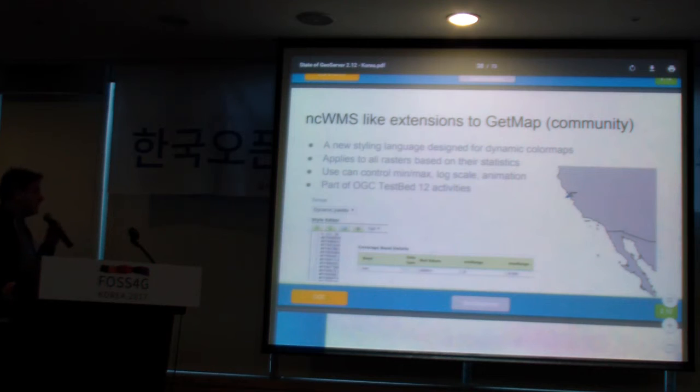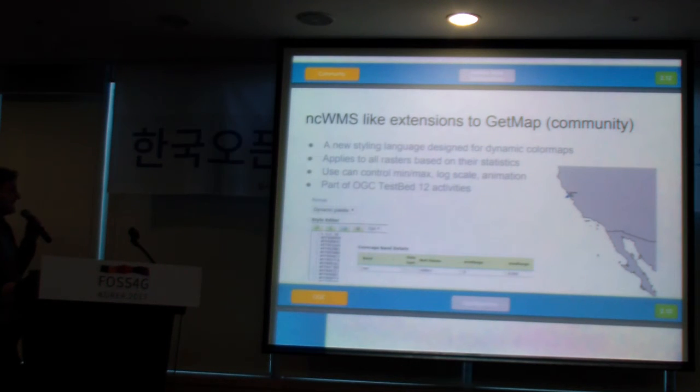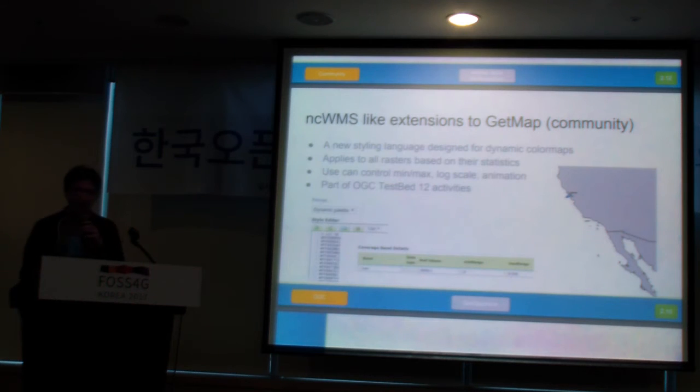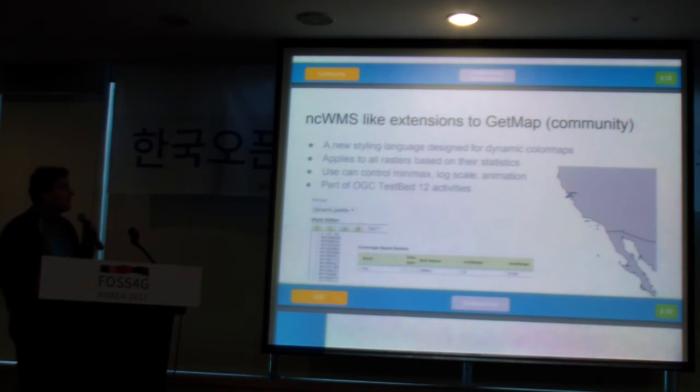For scientific data, we have been working on an extension that allows GeoServer to play better with scientific data. There used to be an animation, but of course it doesn't show up in the PDF. What you can do with these NCWMS extensions is give GeoServer a palette of colors and then say, okay, linearly interpolate between the minimum and maximum value of this layer, or linearly interpolate between these two values that I'm giving you, so that I can highlight a particular subset of the data.